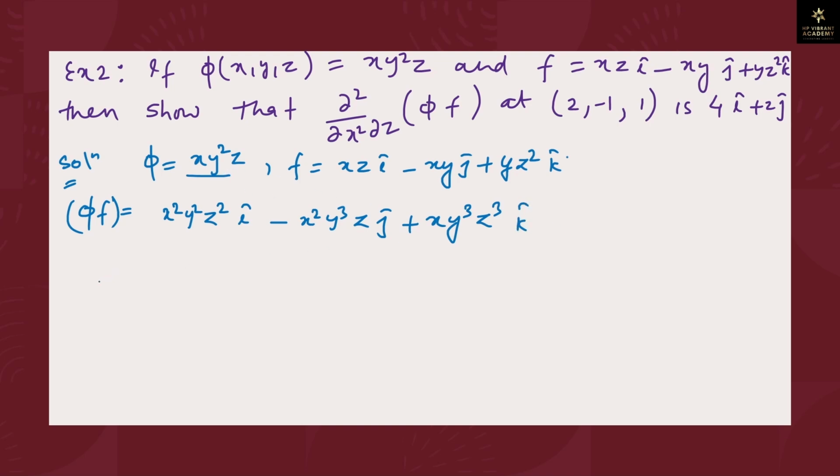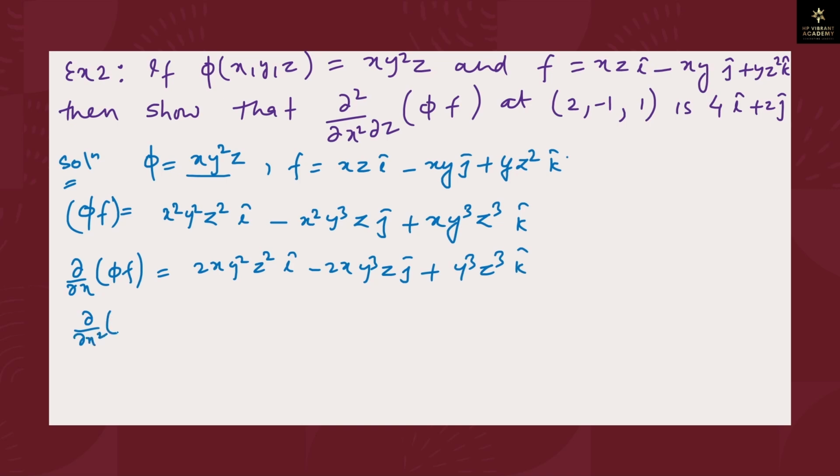Now let us find del upon del x of phi f. This is equal to 2x y square z square i cap minus 2x y cube z j cap plus y cube z cube k cap. Now we have del square upon del x square of phi f. This is equal to 2y square z square i cap minus 2y cube z j cap.